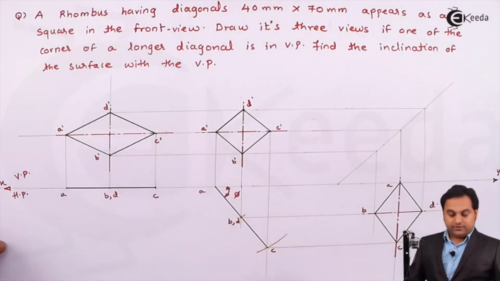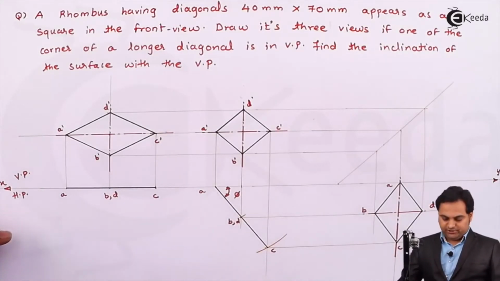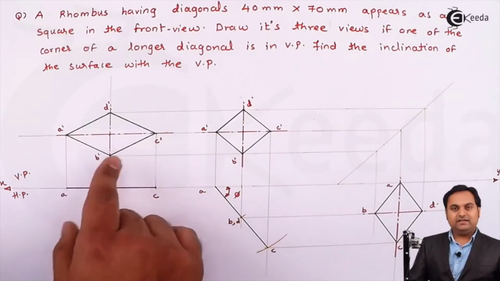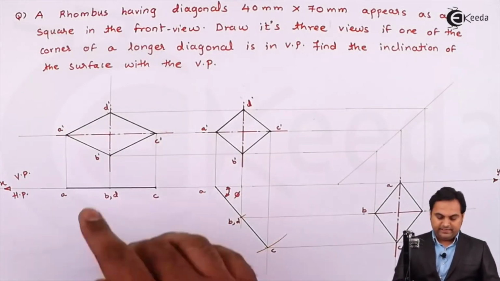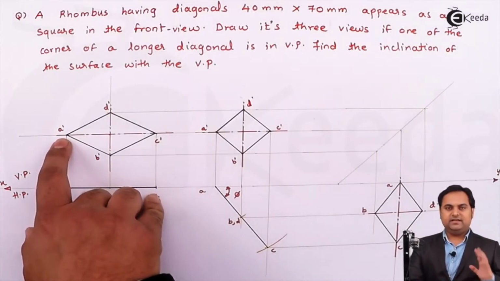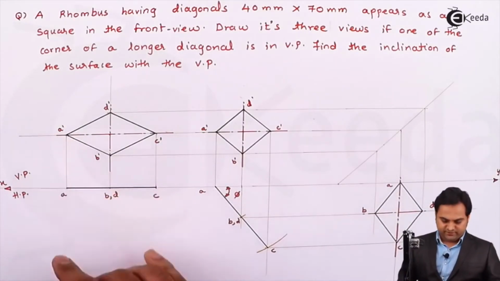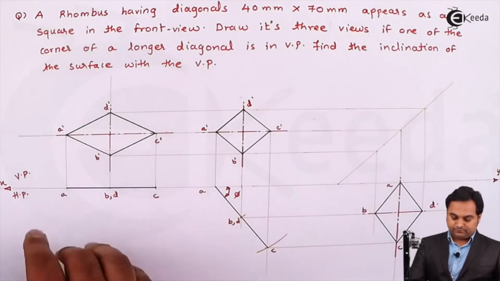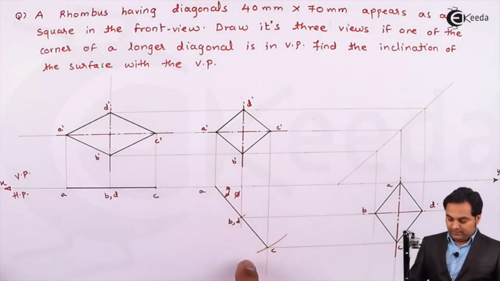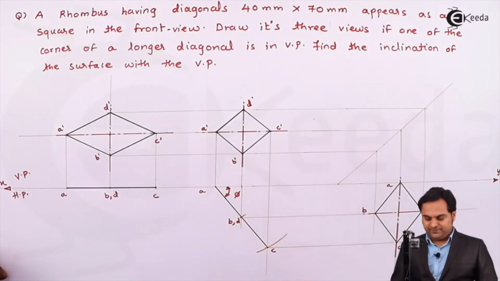So in the initial condition there was a rhombus, having longer diagonal A dash C dash as 70 mm, shorter diagonal B dash D dash 40 mm, and it was resting on A dash as in planes the left hand side is the reference. Then it was tilted, keeping A dash fixed, moving C dash. Like we can see in the top view, it has been tilted.